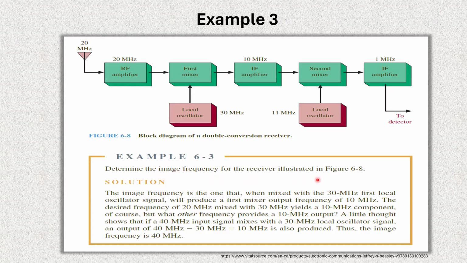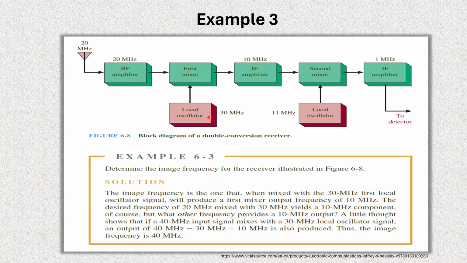And determine the image frequency. So we have 10 megahertz. What else? The 10 megahertz gives us something higher mixing with 20. So 30 and 20 gives us 10. What else can we go stepping up?